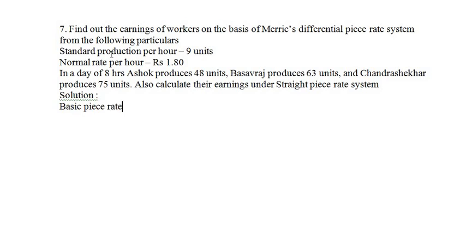Now what information they have given? Standard production per hour 9 units. So per hour they are producing 9 units, and to produce 9 units, rate applicable is 1.80. So we will have to calculate for per unit how much rate is applicable.